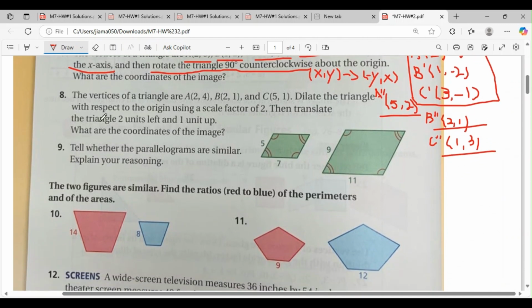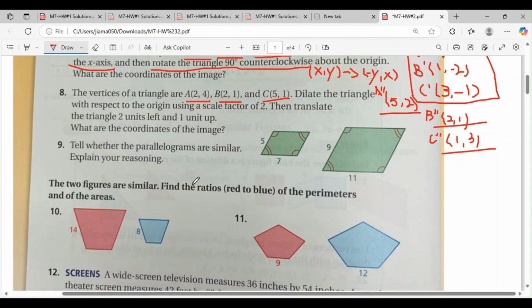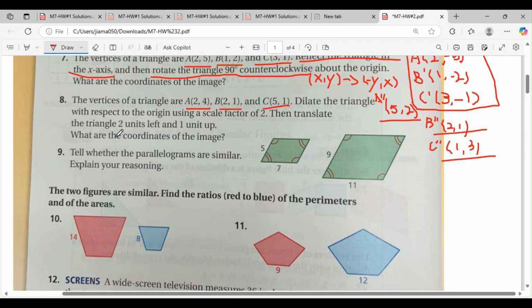Number 8. The vertices of the triangle are A (2, 4), B (2, 1), and C (5, 1). Dilate the triangle with respect to the origin using a scale factor of 2, then translate the triangle 2 units left and 1 unit up. What are the coordinates of the image?